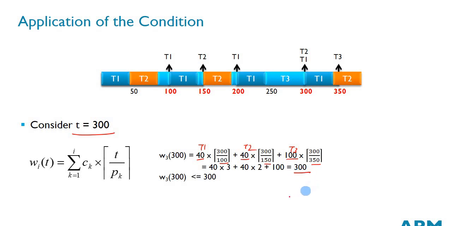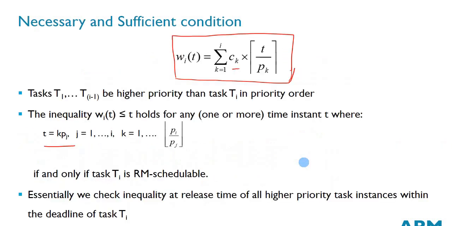This shows that the amount of computation time needed at time 300 is exactly the amount of computation time that is available. So the demand is equal to the capacity exactly at time t equals 300, so we are able to fulfill the requirements.